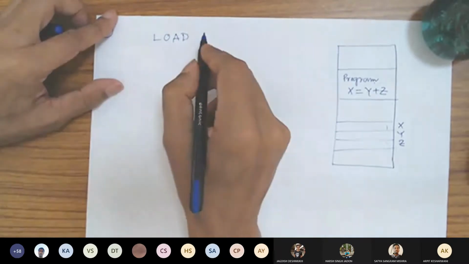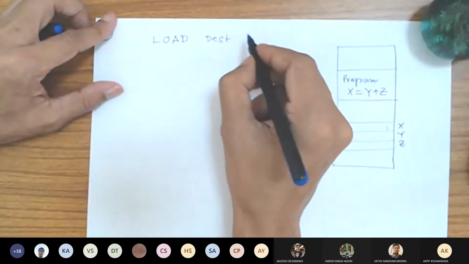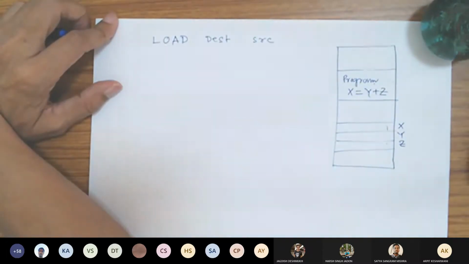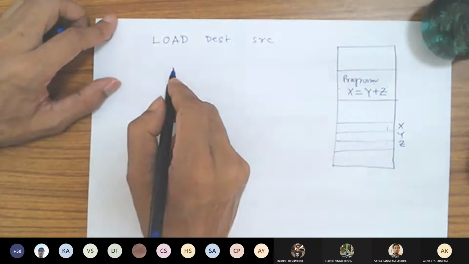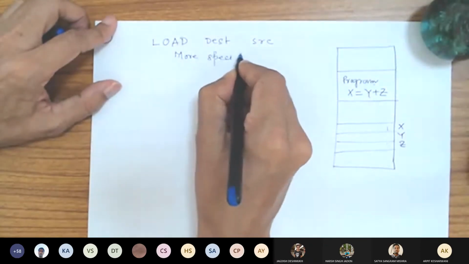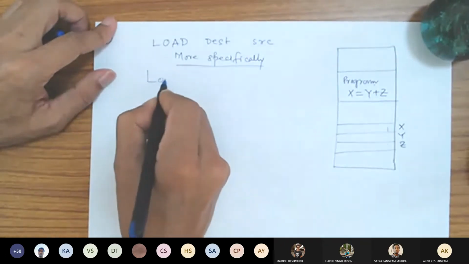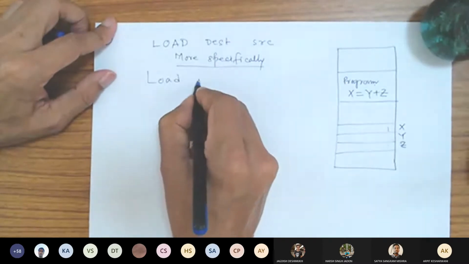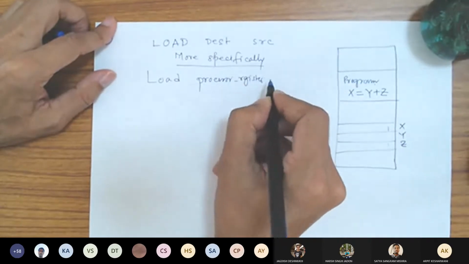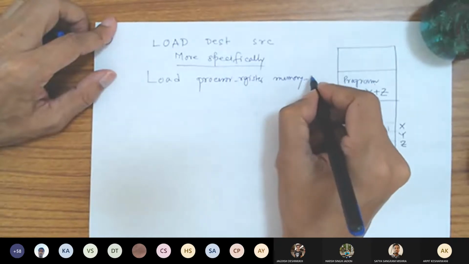So the typical format of load is load followed by destination followed by source. More specifically, you can say load processor register followed by memory location.